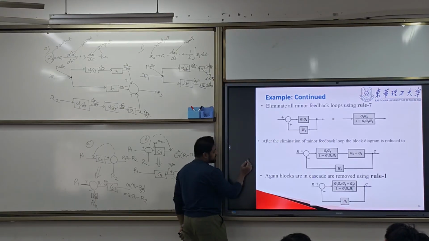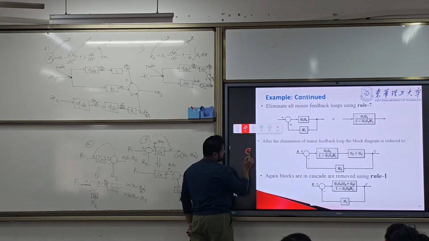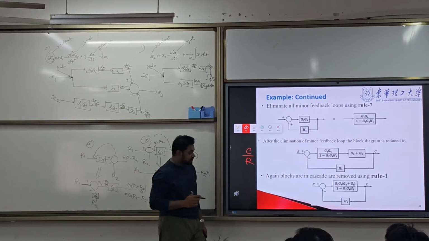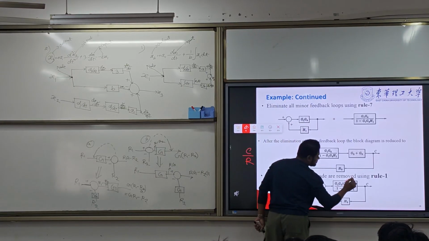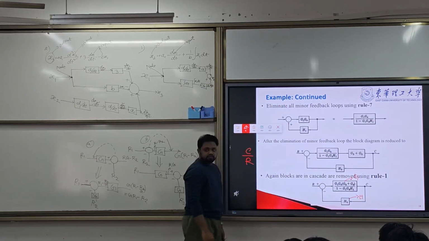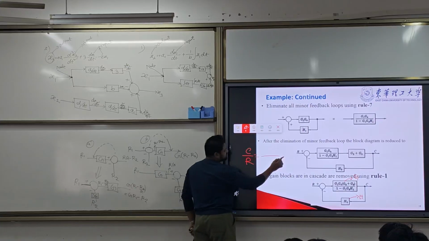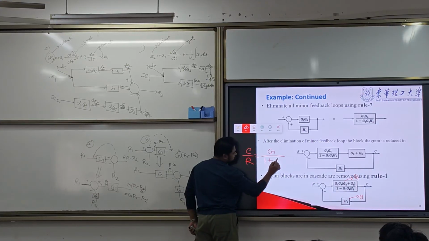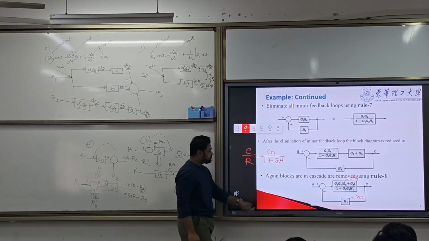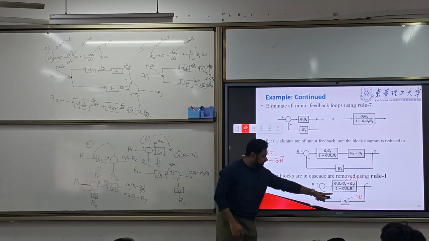That is C by R. How do you find this C by R? This is your G, this is your H. We know the rule: C by R is G by 1 plus GH, because we have minus, it will be plus.